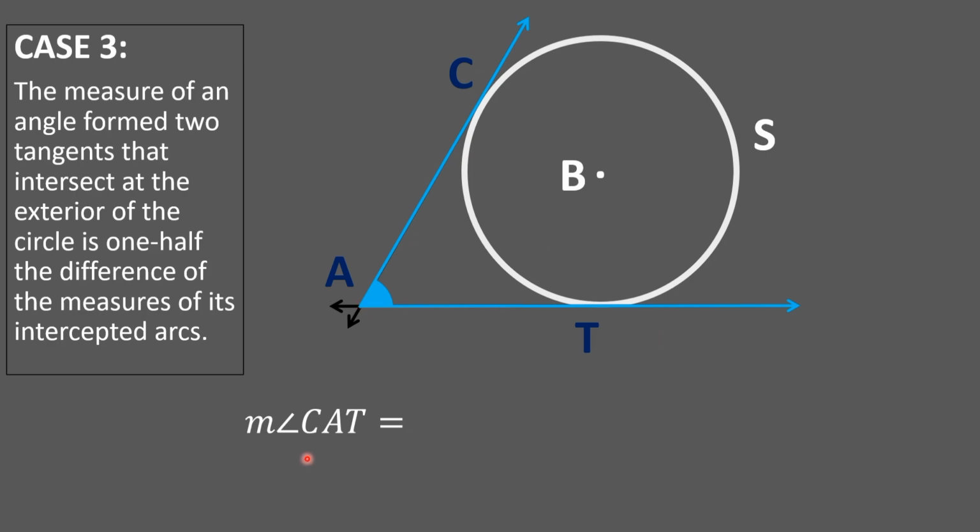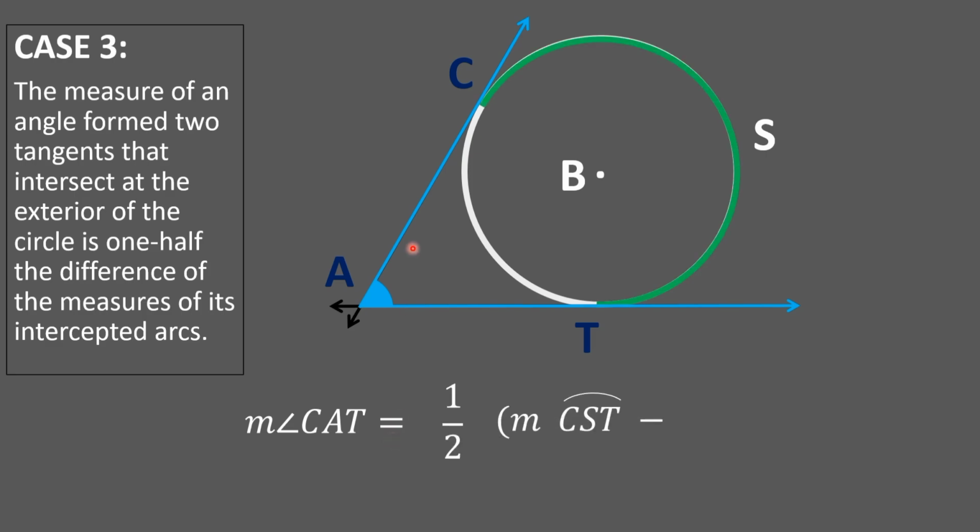The measure of angle CAT is equal to 1/2 the measure of arc CST, its bigger intercepted arc, minus the measure of arc CT, its smaller intercepted arc.